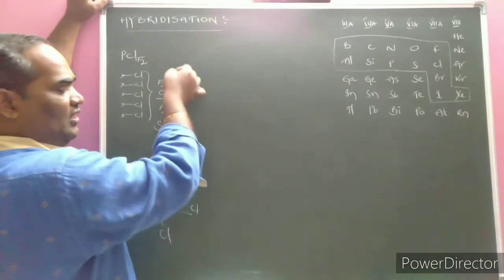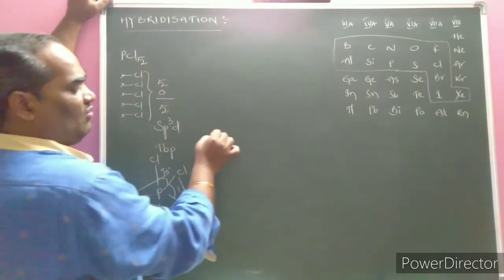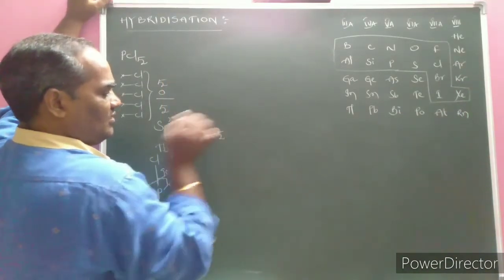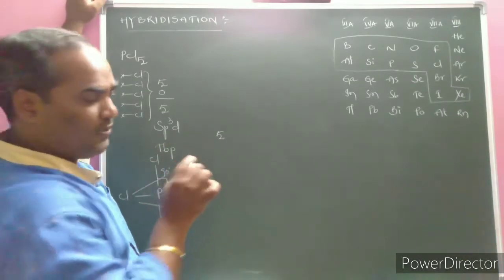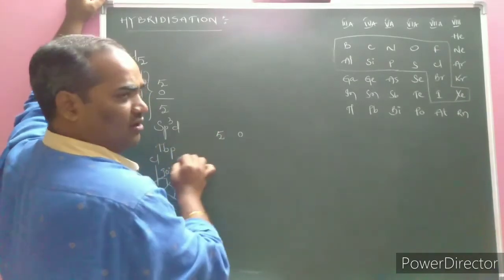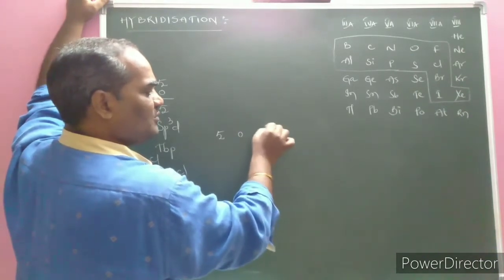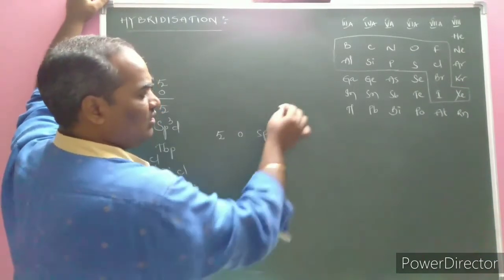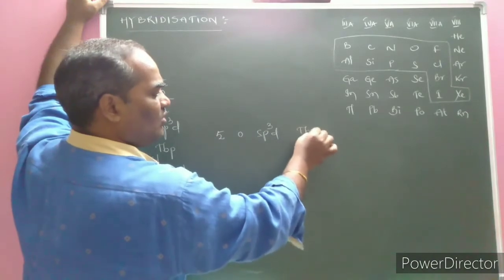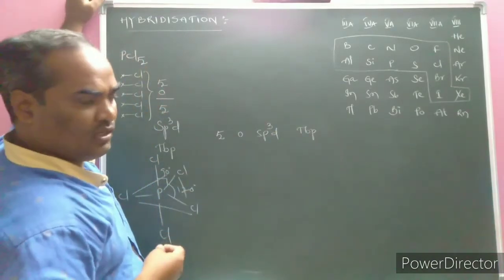Another possibility, according to the VSEPR theory: the parameters required are 5 bond pairs, no lone pair of electrons. The hybridization 5 plus 0 is 5, that's sp3d hybridization. The geometry becomes trigonal bipyramidal.